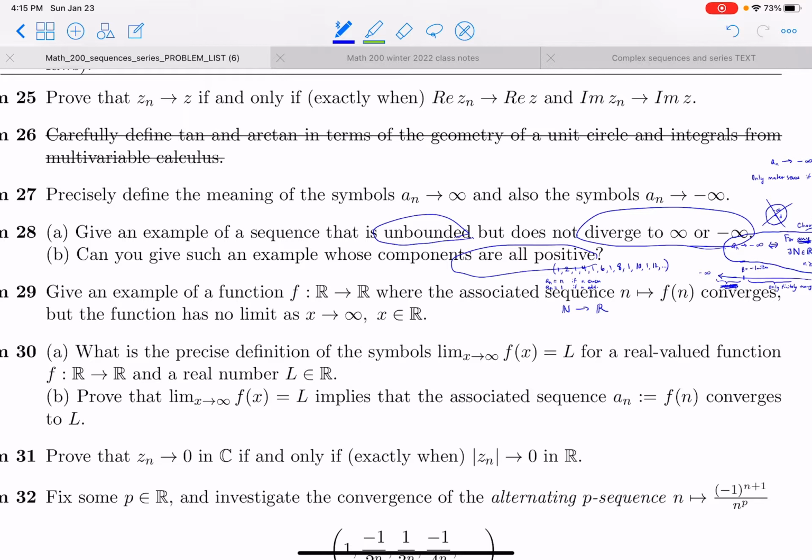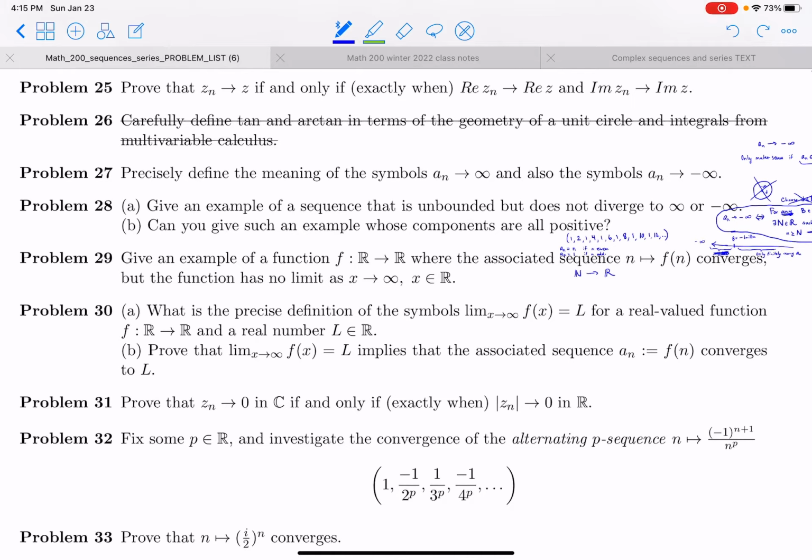That is where your main thinking will occur. What is the question even asking? That'll take time. You have to spend time thinking about it. Make sure that you know what these words mean. Diverge to infinity, diverge to negative infinity. That's those things right here.